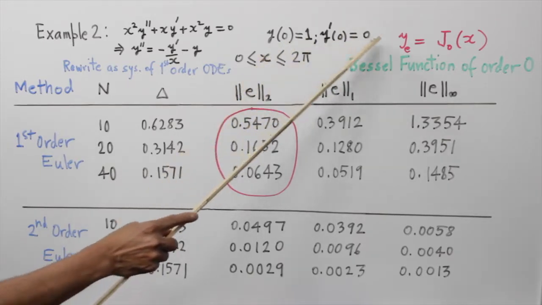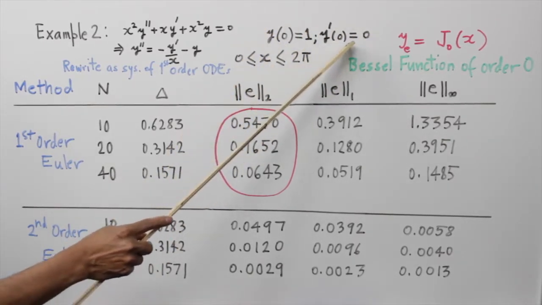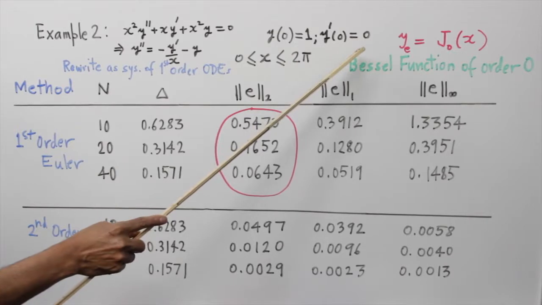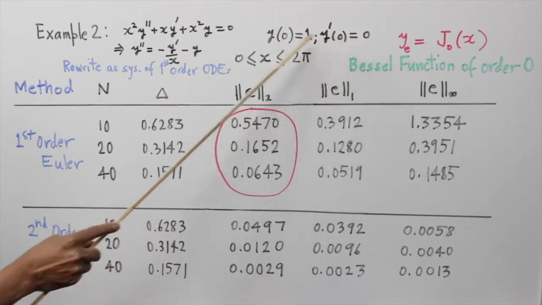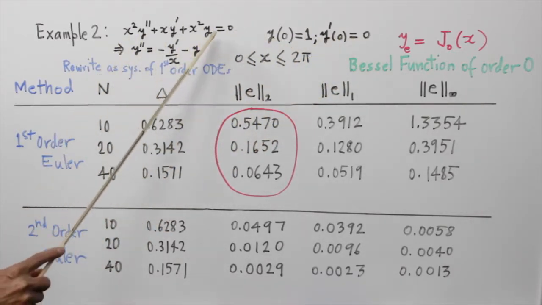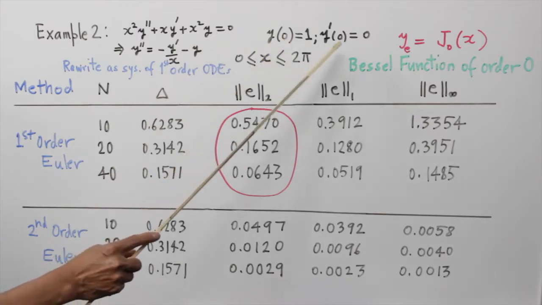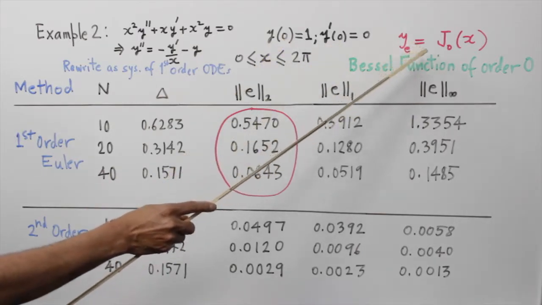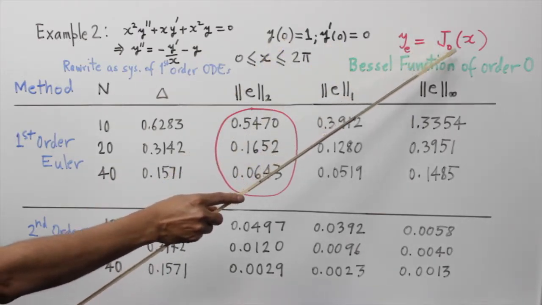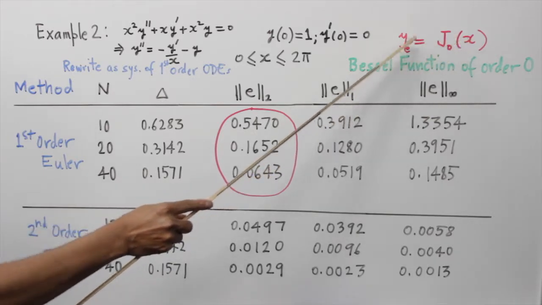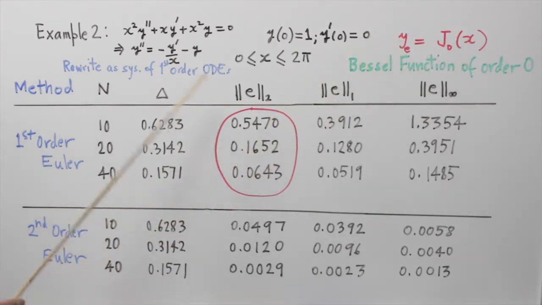And so if you recall the analysis or definitions associated with the Bessel functions and so on, you would be able to recognize that solution to this differential equation subject to these two initial conditions is in fact exactly the J0 Bessel function of the argument x. So this analytic solution is the solution to this differential equation, which we can use to assess errors.